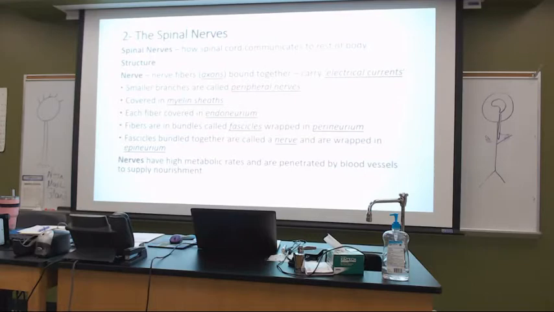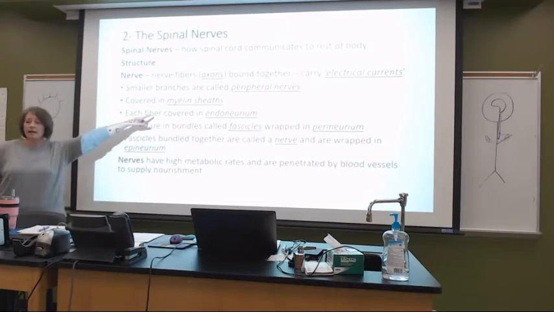This is going to be termed my peripheral nervous system, the PNS. So as we have those spinal nerves exit and begin to travel and branch off, it becomes what I know to the periphery of my body as my peripheral nervous system.